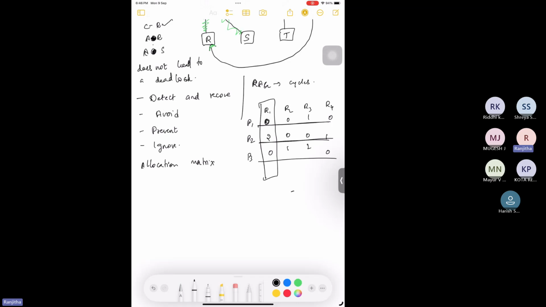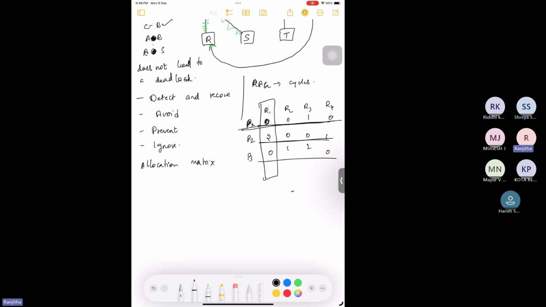So if you see it row wise, we can see P1, how many resources does P1 hold? Can somebody tell? Only resource 3. Yeah, so if you look in the row wise manner, P1 has 0 R1, 0 R2, 1 R3 and 0 R4.